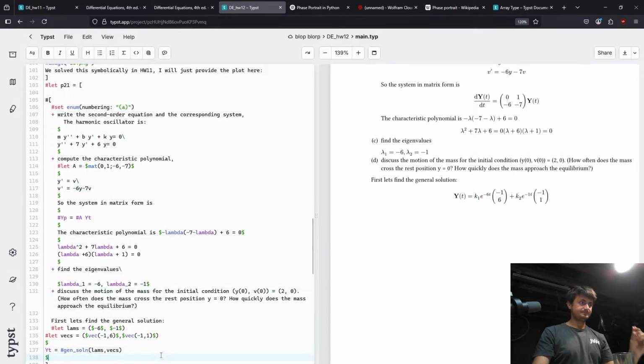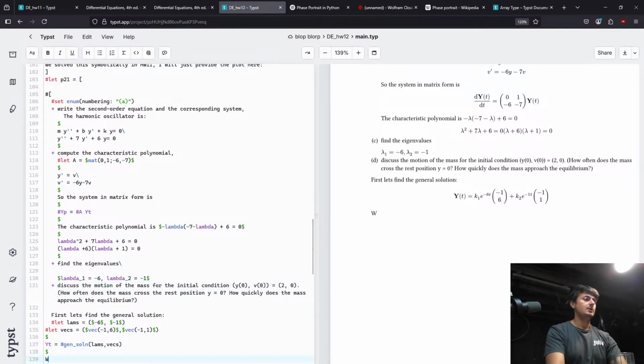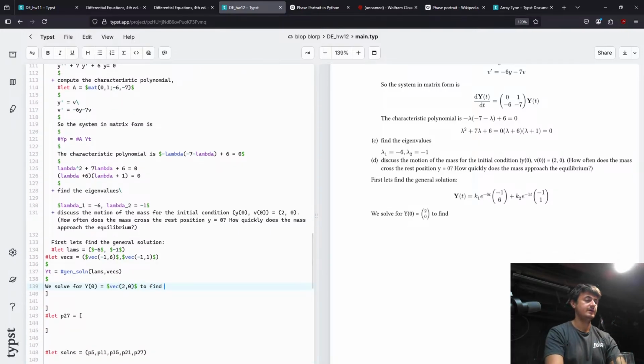But so we solve for 0 equal to vec 2 0 to find that.